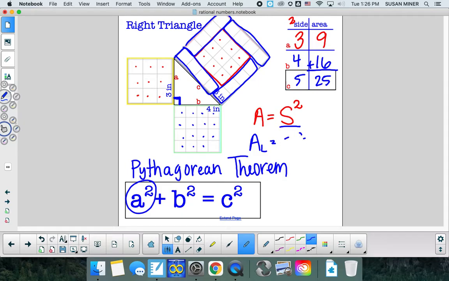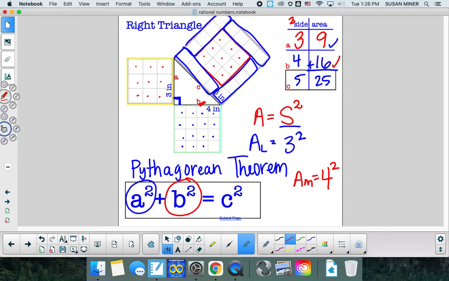Or we could say 3 squared. That's what gave us the 9 over here, right? So A squared. If I add that to the area of the other leg, so we label this side length B, the area of the medium-sized square would be 4 squared. That gave us the 16.